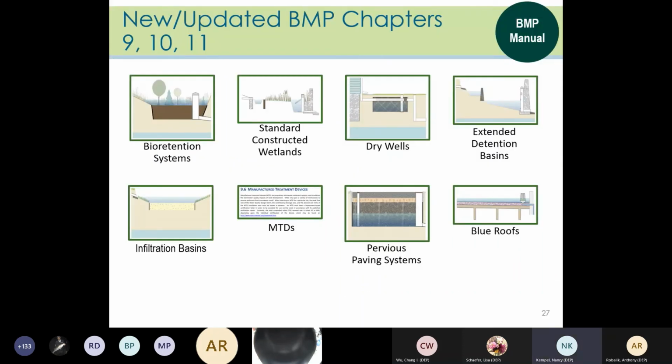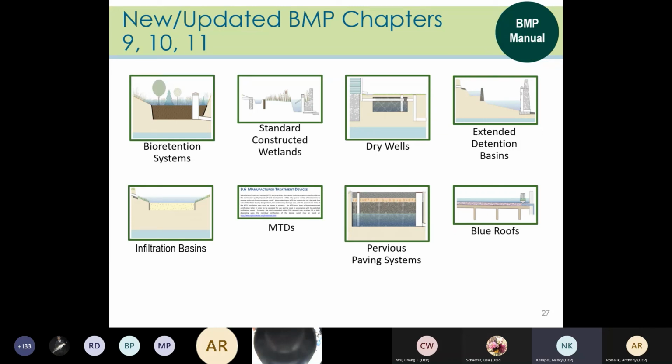So we have updated the BMP manual, as we mentioned earlier in the course, chapters 9, 10, and 11 in particular. Chapter 9 has the BMPs listed in Table 5.1.